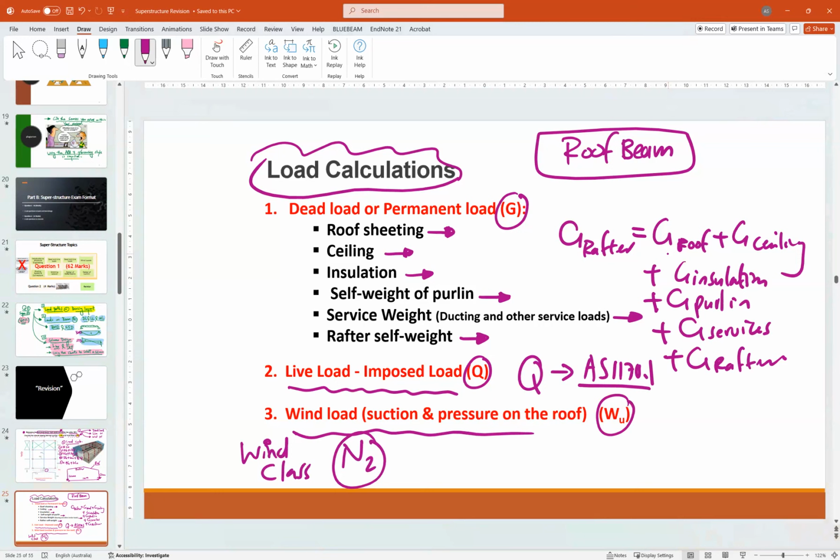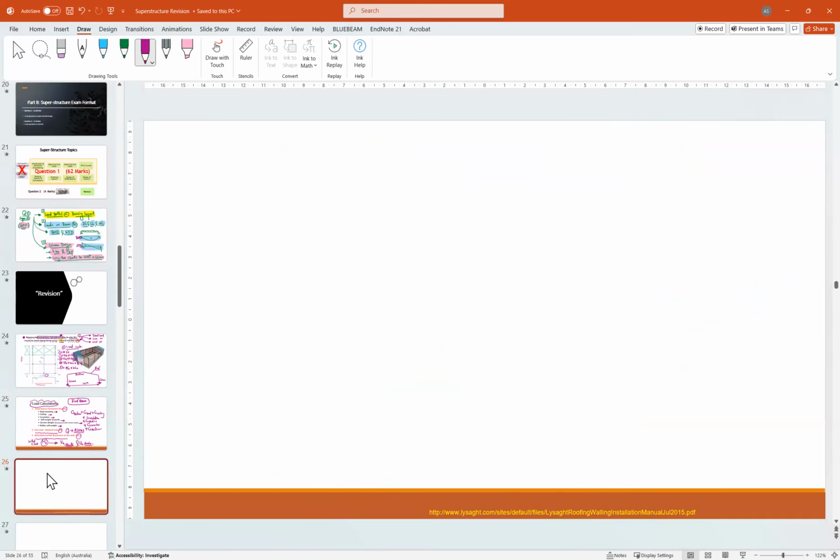So using N2, you can go to the table to find VH ultimate and VH serviceability, and then you can find the pressures. Okay, so let's start with the roof sheeting load.